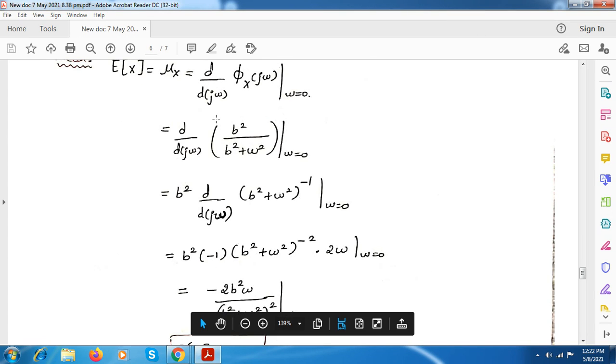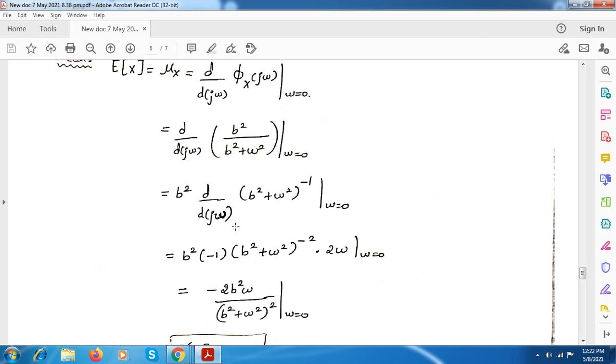Here once you have to differentiate this, and while calculating the variance, you have to differentiate it twice for the second order moment. So that you take it as assignment. For variance, you have to first find out the e of x square, wherein you differentiate this characteristic equation twice and then put omega is equal to 0.